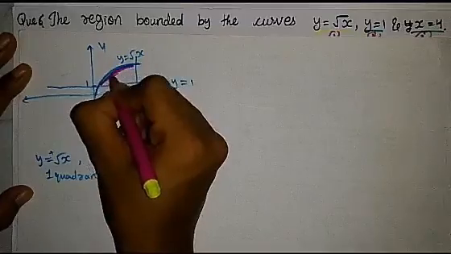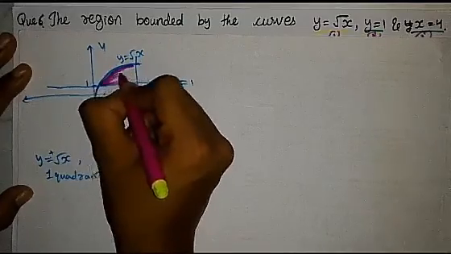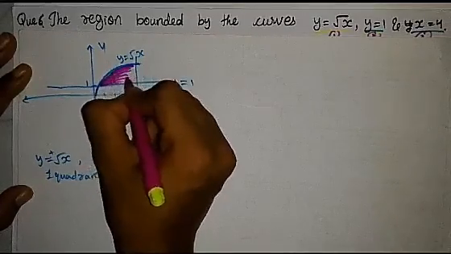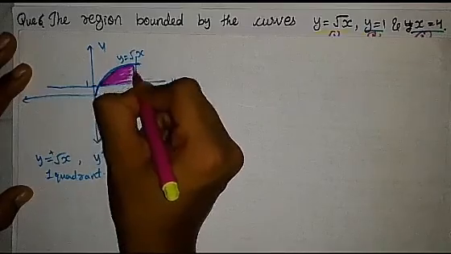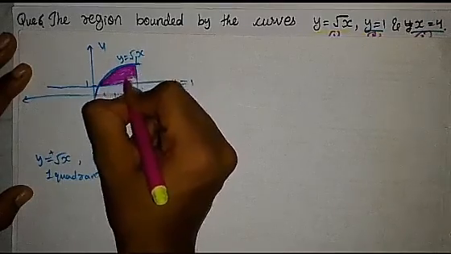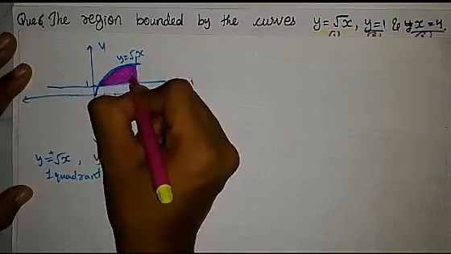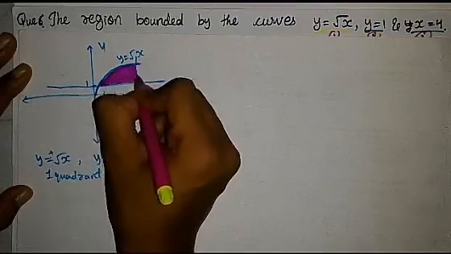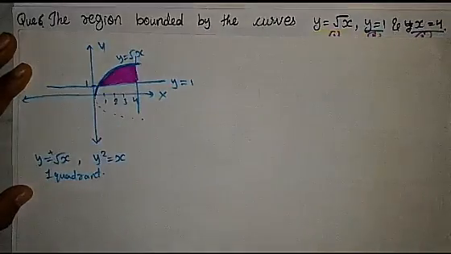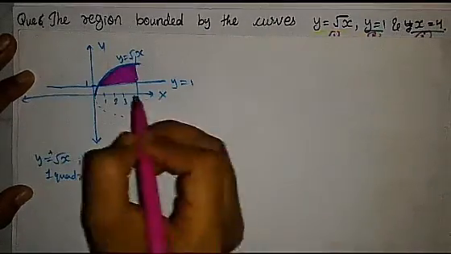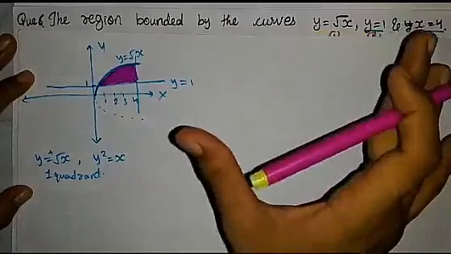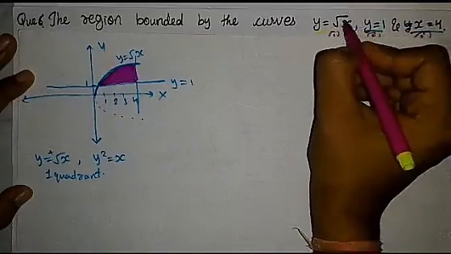Here always take care in bounding the region, because if you commit mistake in knowing the area, then you will do whole sum wrong. How to know? Always remember that the region must be bounded by the curves which are given. Here we can see there are three curves.